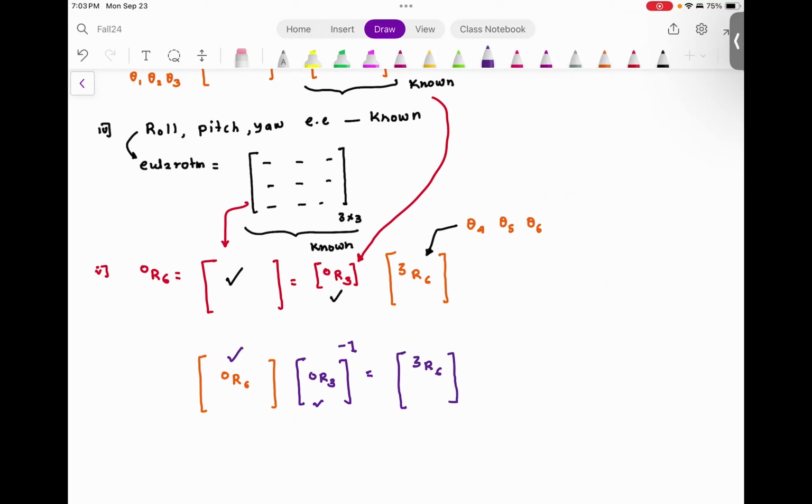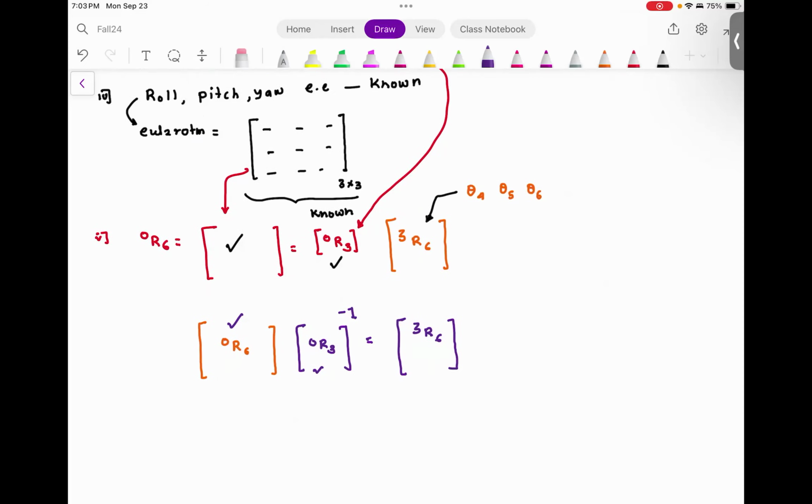Now some of you may ask me, how do I solve this matrix equation? Solving a matrix equation is very easy because now you do term by term comparison, which means you have a matrix here in the form of numbers and a matrix here which is the product of cosine theta 4, cosine theta 5, cosine theta 6.